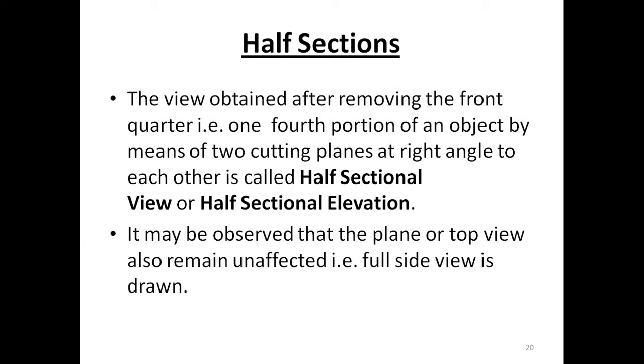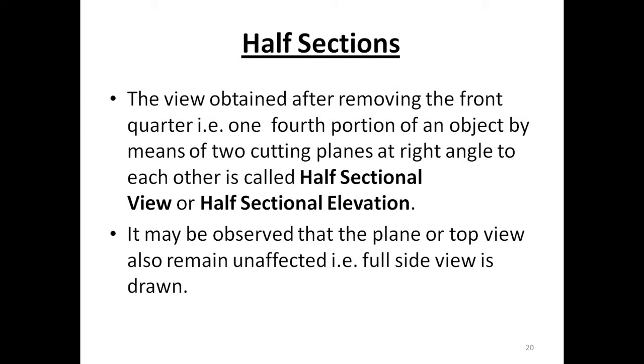The meaning is that in a full section, the full straight line is there in the object, but in half section, two cutting planes are there which are perpendicular to each other. They are at 90 degrees, and in such a case, the views drawn are called half section.